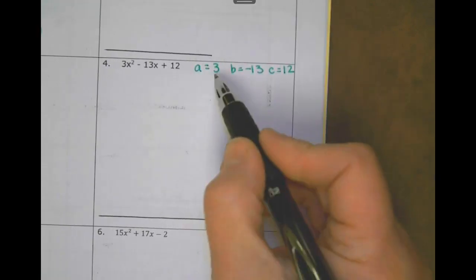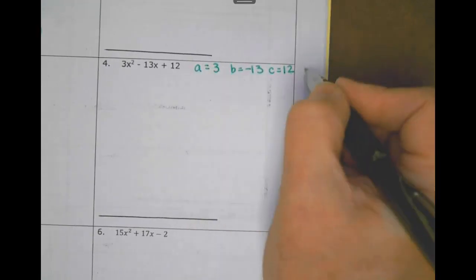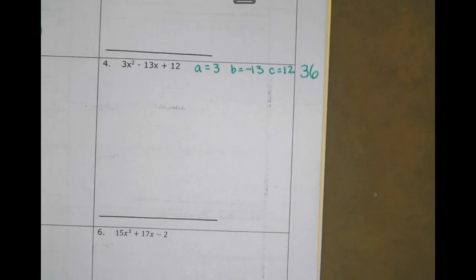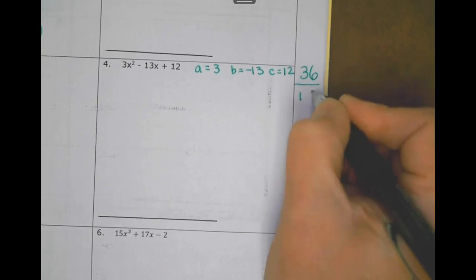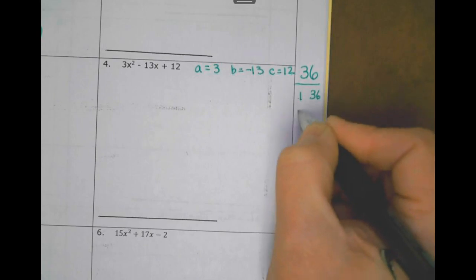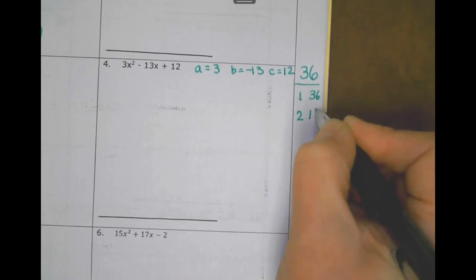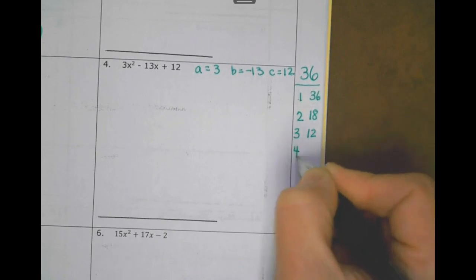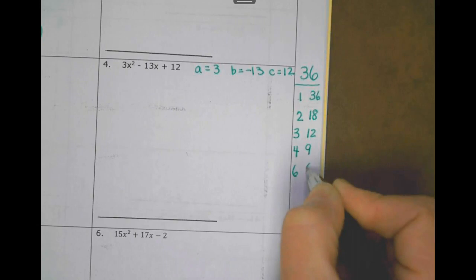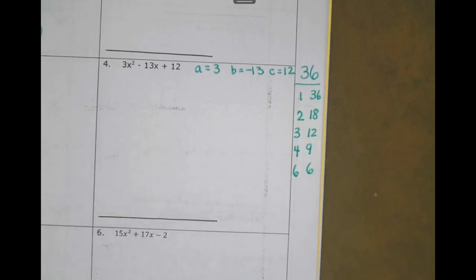So, you multiply the A times the C, and I write that down in the margin to save a little space. And the factors of 36, it's positive 36, are the factors of 1 and 36, and 2 times 18, and 3 times 12, and 4 times 9, and 6 times 6. But I need a negative 13. I don't have any negative numbers here.